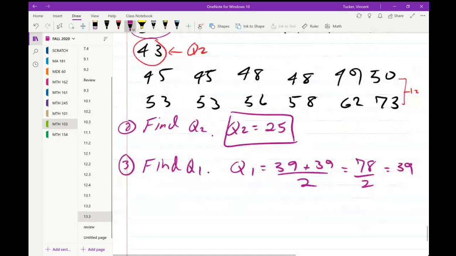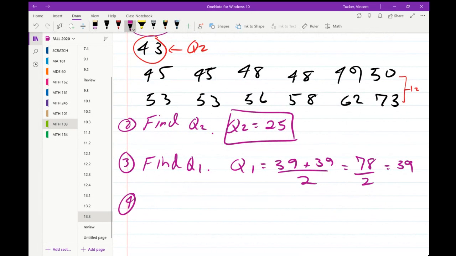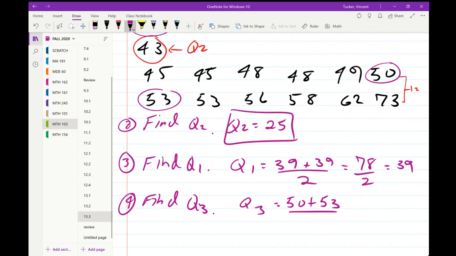All right. And then the final step, we're going to find Q3. Once again, we have 12 data values, so we need to find the mean of our two middle values.